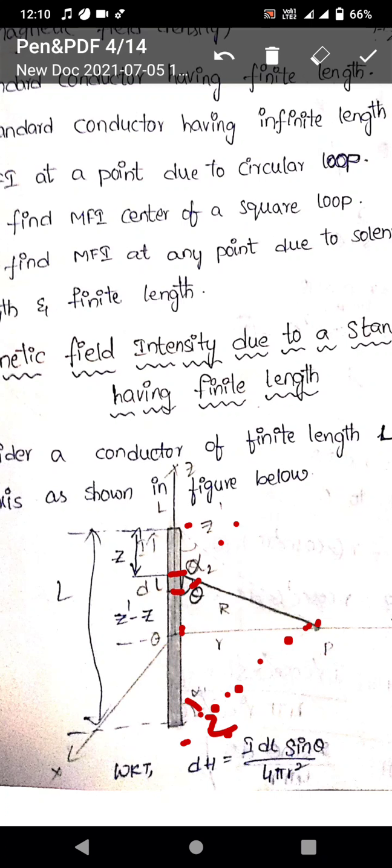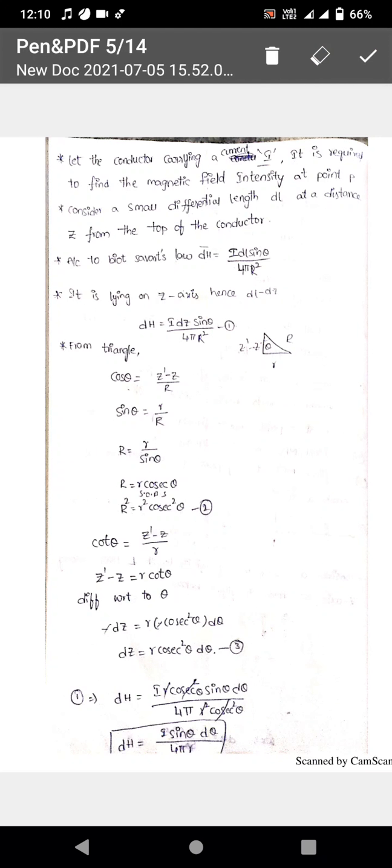According to Biot-Savart law, dH equals I dl sin theta by 4 pi r square, where r is the distance from the origin to the point P. The same thing we explain here.